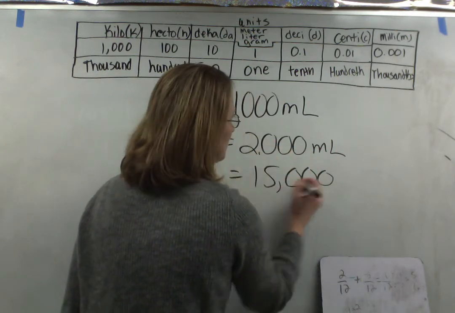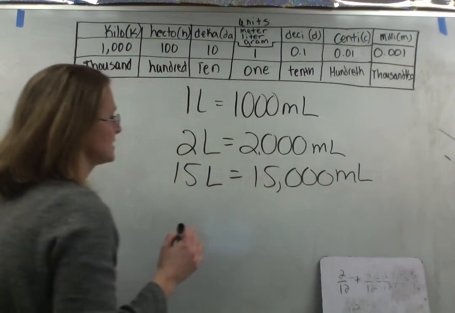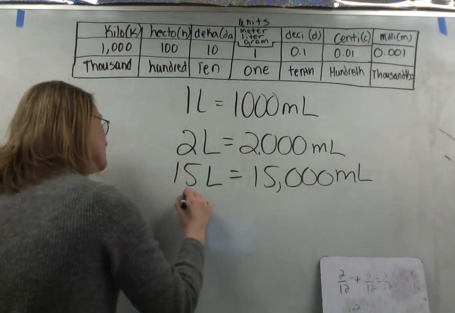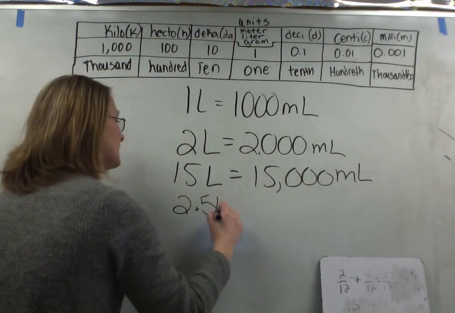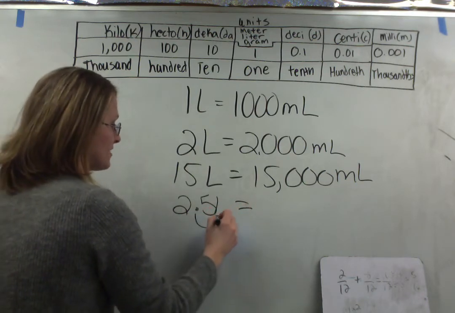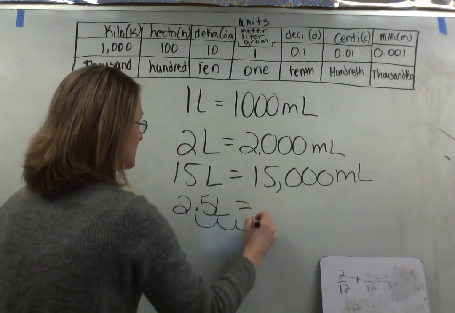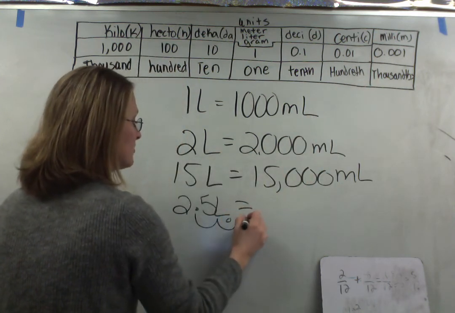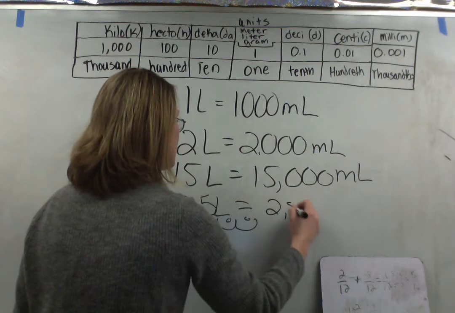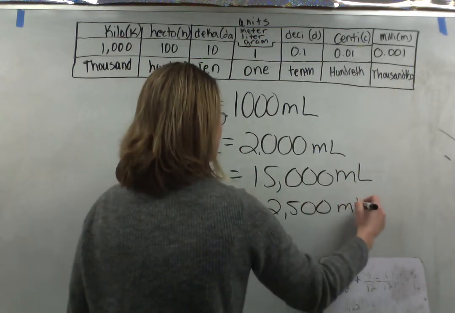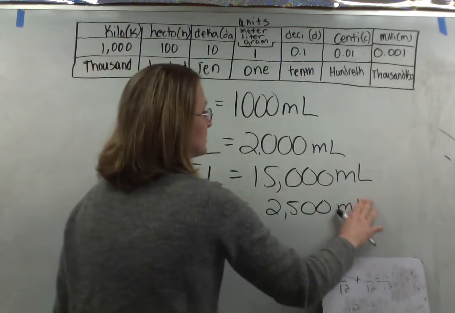Do you see how lovely and marvelously easy this is? Okay, and if you have 2.5 liters, you're going to move that decimal 2 places. I'm sorry, 3 places. It's 1,000, 3 places. Put some zeros in those extra places. You're going to have 2,500 milliliters. Okay? Sorry, guys.